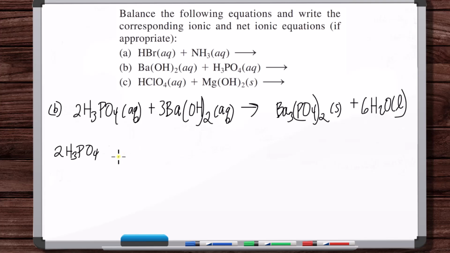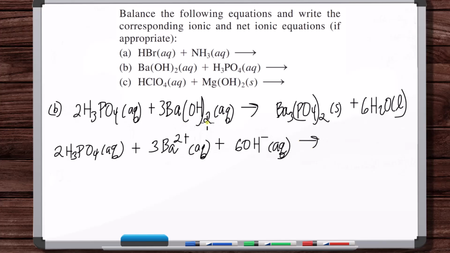Okay, now the ionic equation, we've got, this is a weak acid, so we leave it with its full chemical formula. We've got a strong base here. So this is, let's see, it's going to be 6 OH minuses. Right? This is just going to fully dissociate into the ions.